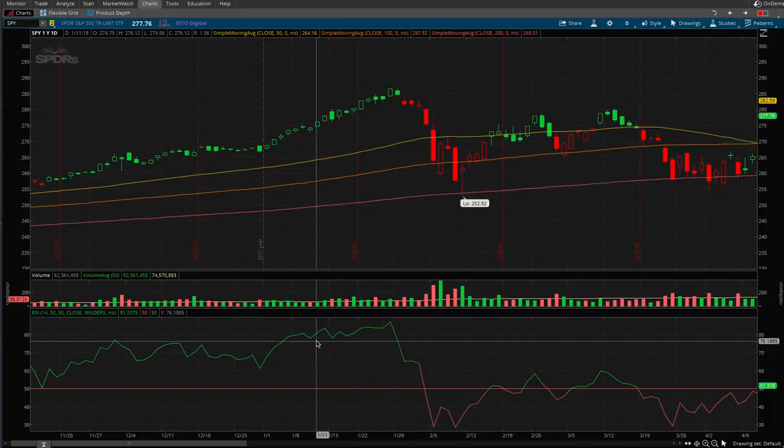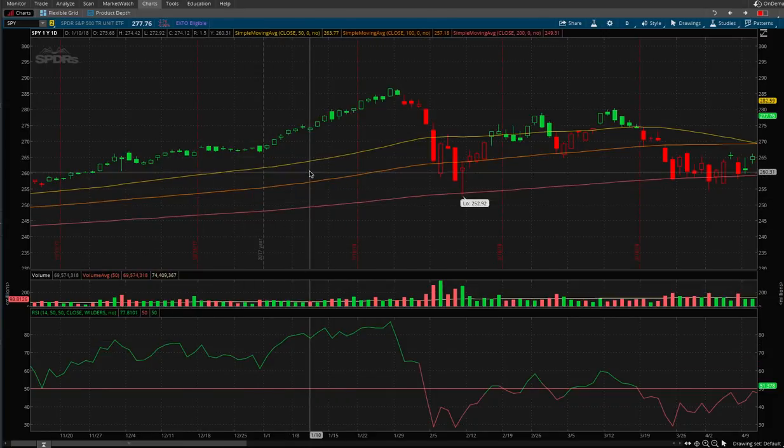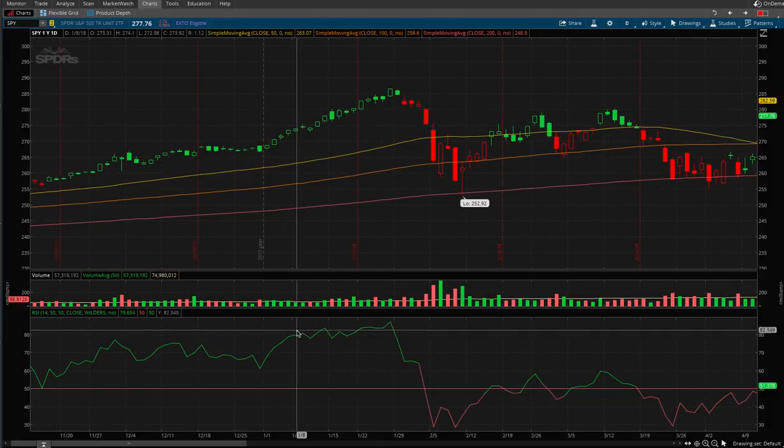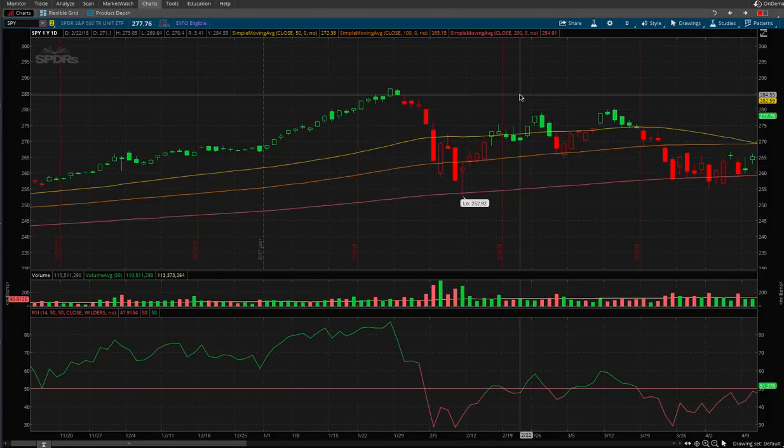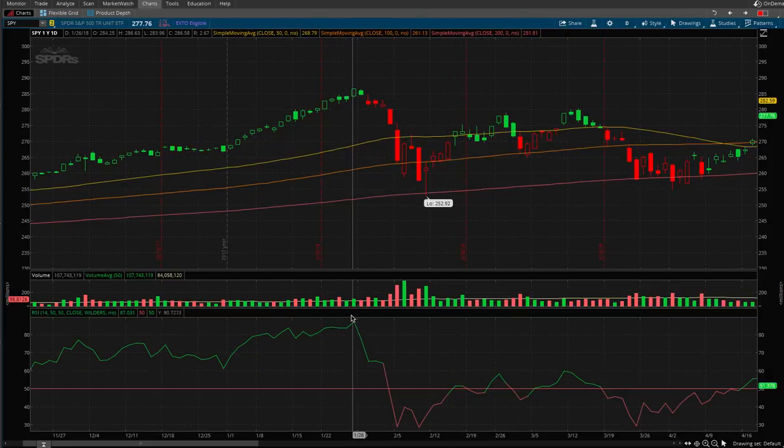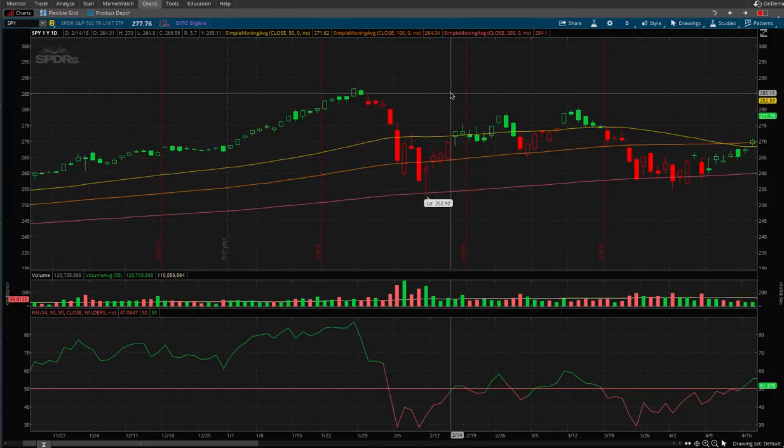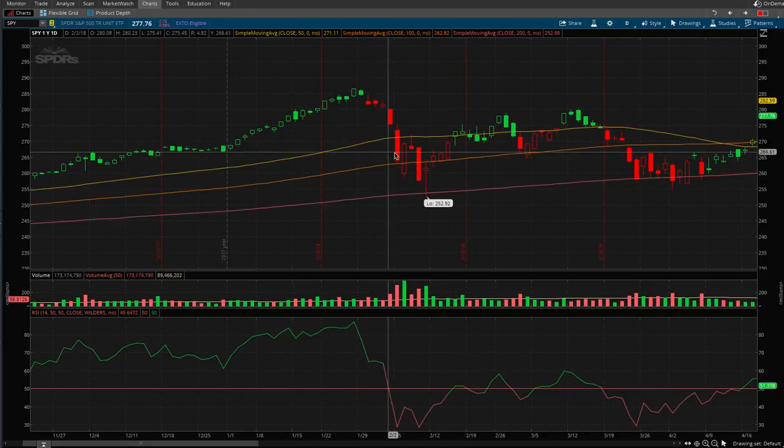Typically, the RSI is going to mimic the stock price because the stock price is telling the RSI what to do. In reality, we want to see the RSI move just like the stock because essentially what we're looking at is a line graph of the stock.